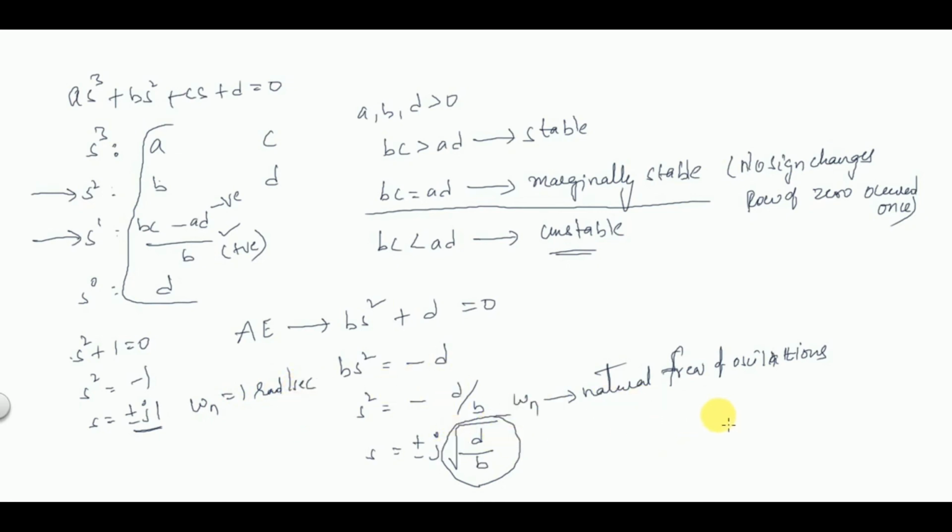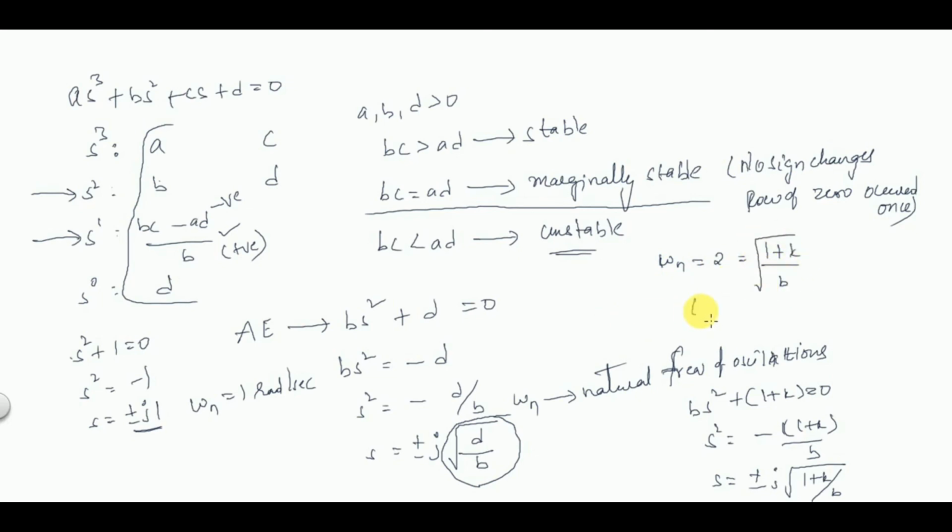So in the previous case also, what you have is b s square plus 1 plus k is equal to 0. So s square is equal to minus of (1 plus k) by b. So s is equal to plus or minus j root of (1 plus k) by b. So that is why there I have taken omega n, which is given as 2, equal to root of (1 plus k) by b.